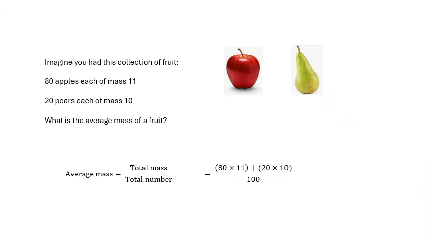Well, we've got 80 apples, so 80 times 11 and 20 times 10. Yes? So that's the total mass. Add them together, divide by 100, and you get 10.8. Yes? If you want to go back in the video, look at the relative atomic mass of boron. Ooh, it's starting to make sense now, hopefully.